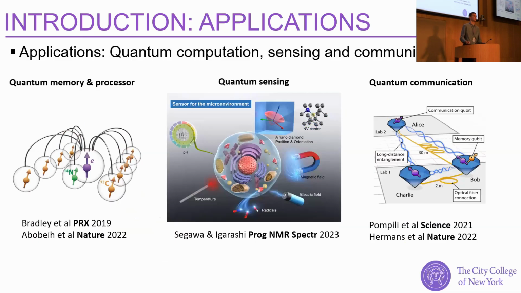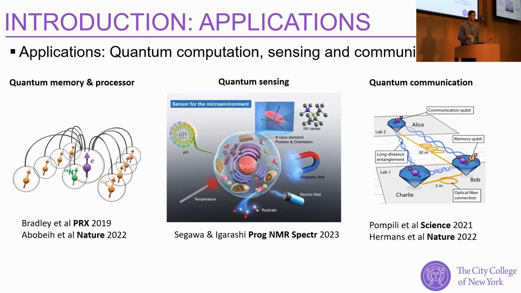So what can the NV center be used for? First thing that it can be used for is quantum memory and processor in quantum computing. The second thing is quantum sensing. As I already mentioned, it can sense things that influence it, and because of it, it emits different light.